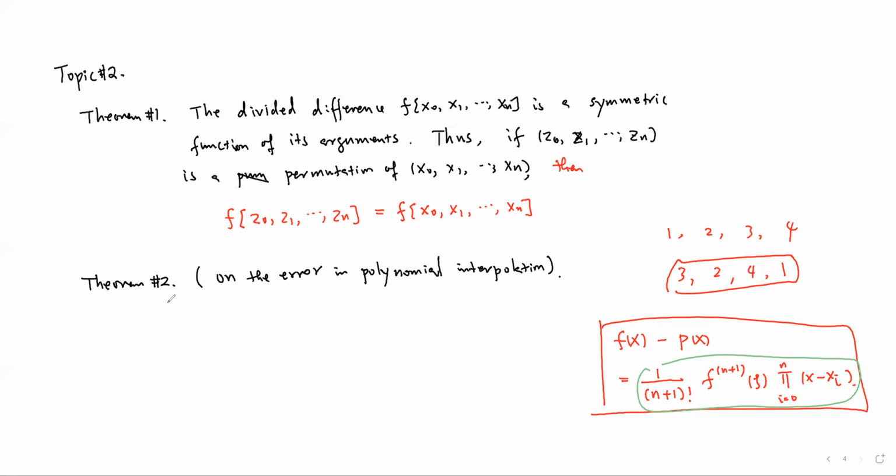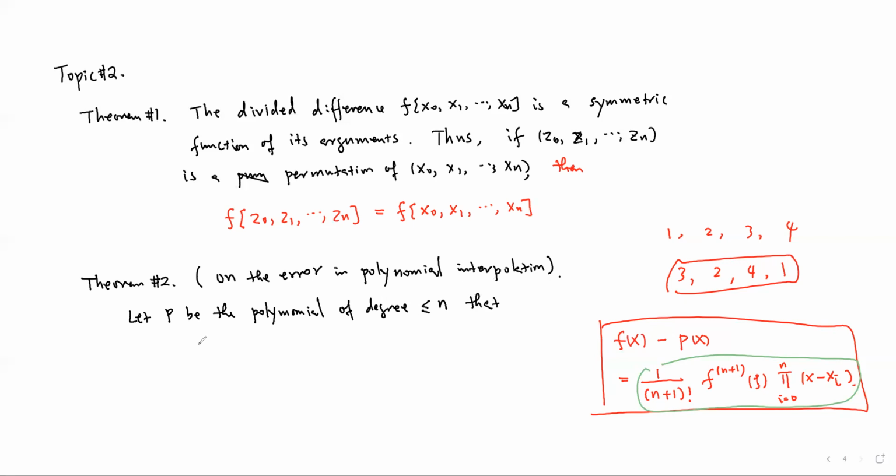The new formula is here. Let P be the polynomial of degree at most n. Such an interpolation polynomial is unique.